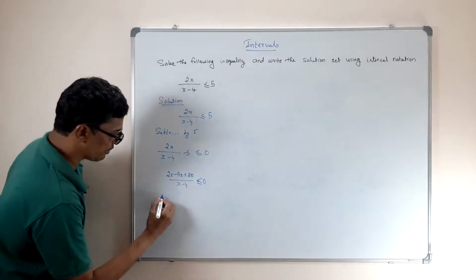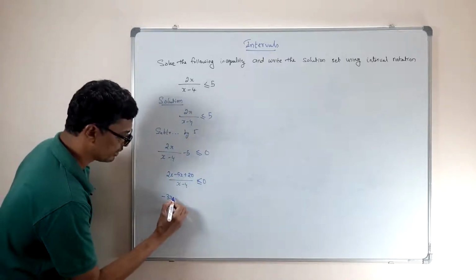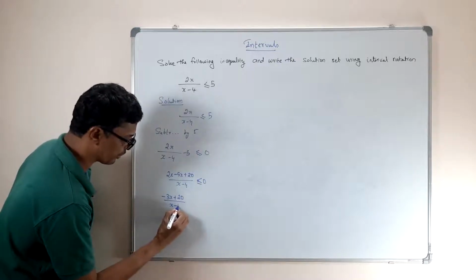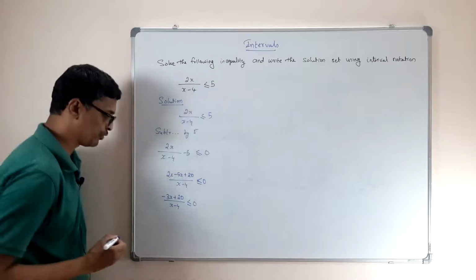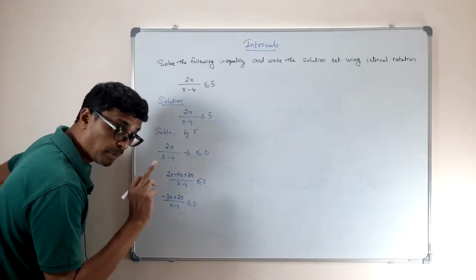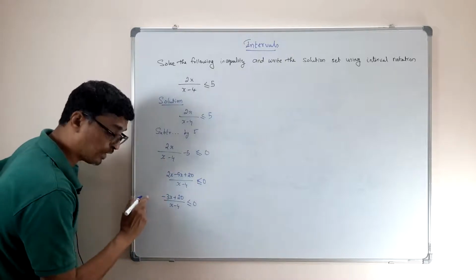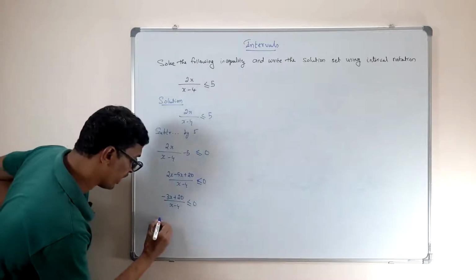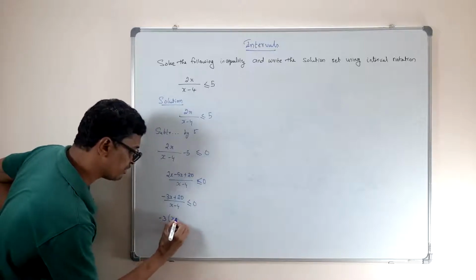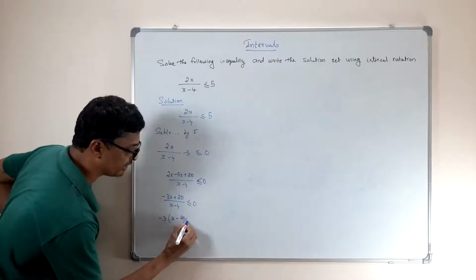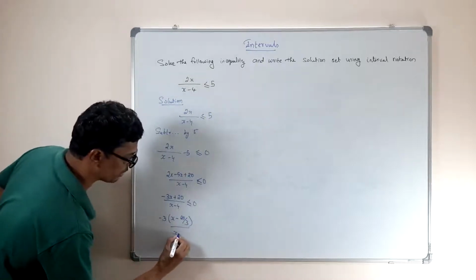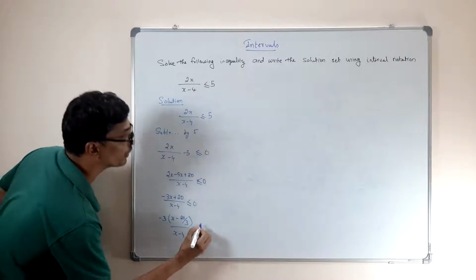So we take minus 3x plus 20 over x minus 4. Now I said the coefficient of x should always be 1, not even minus 1. So you have to take minus 3 commonly outside. So this is going to become x minus 20 by 3, divided by x minus 4, less than or equal to 0.